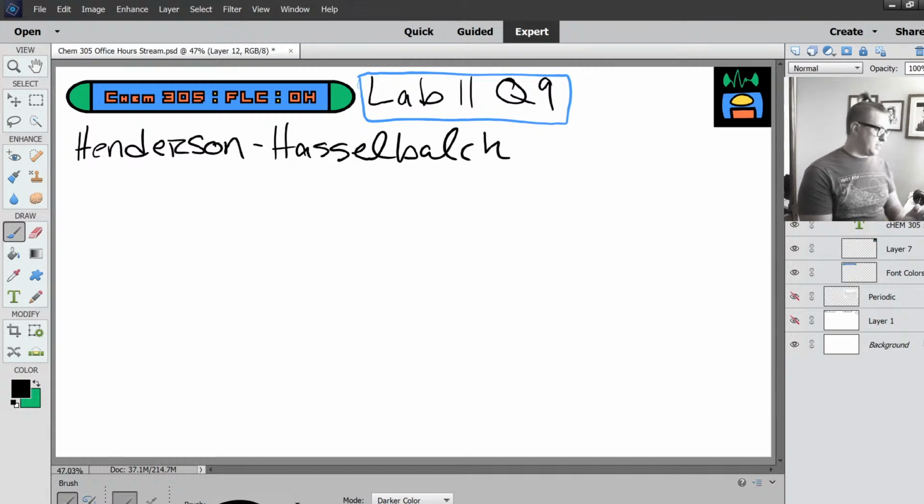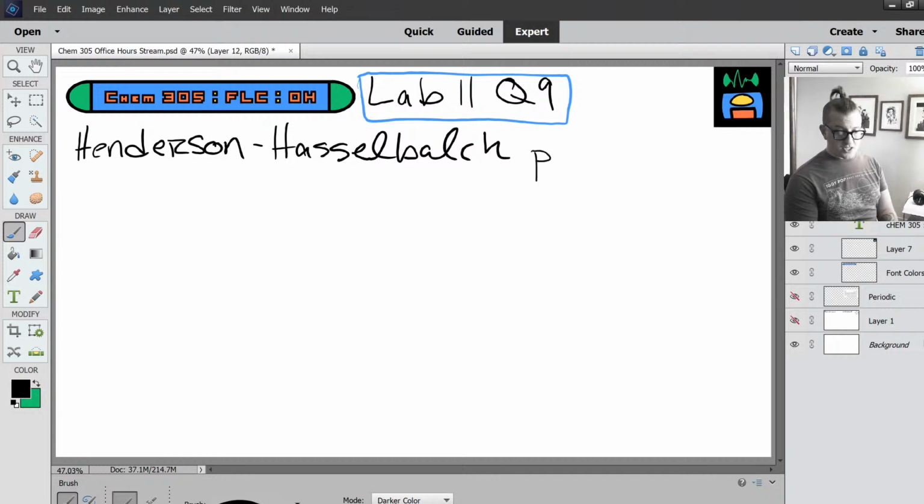The Henderson-Hasselbalch equation is an equation that allows us to calculate the pH of a buffered solution.